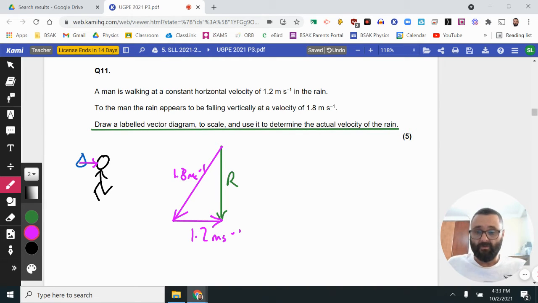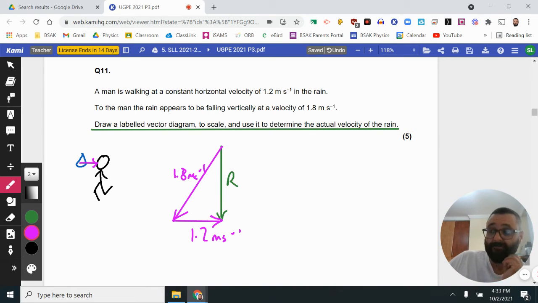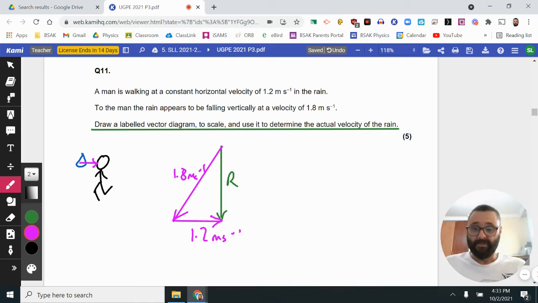You will very often see scale drawings. In fact, more often than not, you'll be asked to draw a scale drawing on a grid and some graph paper. But you were not given it in this case because two of the vectors are perpendicular. So you should be skilled enough with your ruler and protractor to draw a nice scale drawing without graph paper.